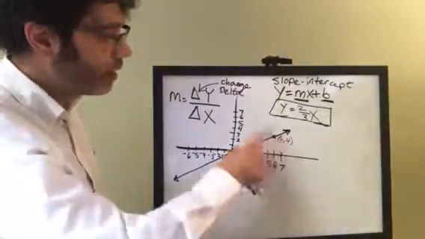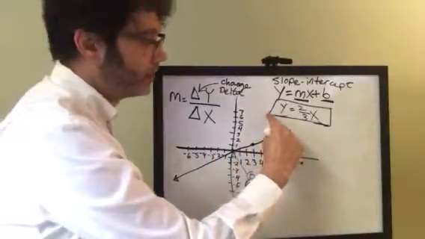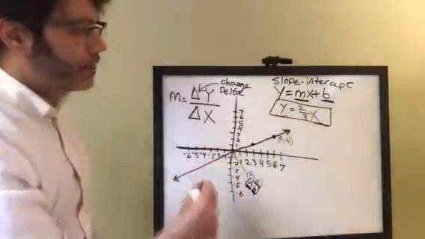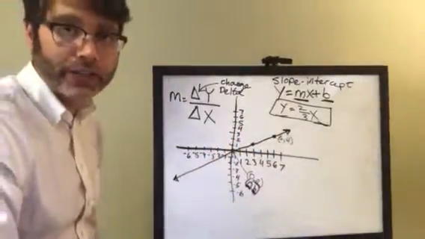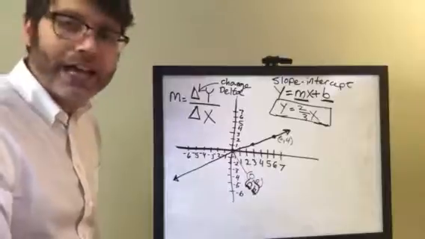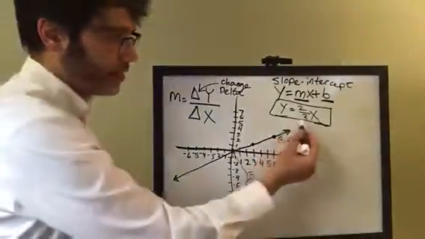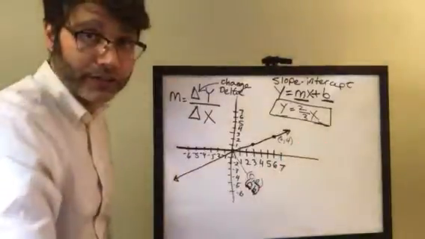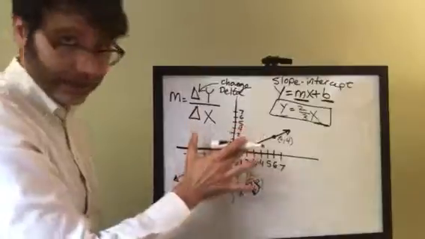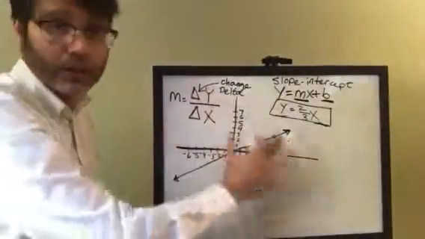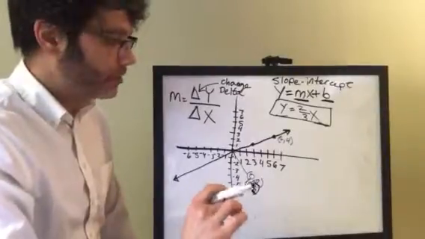So long story short, we've got the equation of a line, and we got it by counting out the slope and looking at the graph for the y-intercept. In the next video, we're going to come up with the slope and the y-intercept for the equation of the line, but not given any of these graphs. We're just going to be given points, and we're going to be asked to do that.